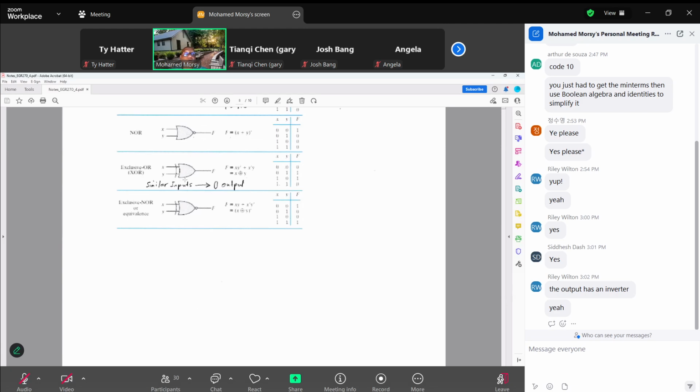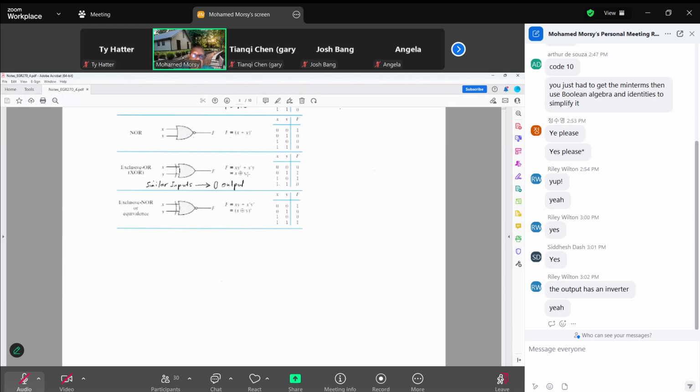So what is the function of this exclusive OR? You see this expression here? F equals X exclusive OR Y. And the symbol for exclusive OR is, as you see, this circle, and inside this circle, there is a plus sign.